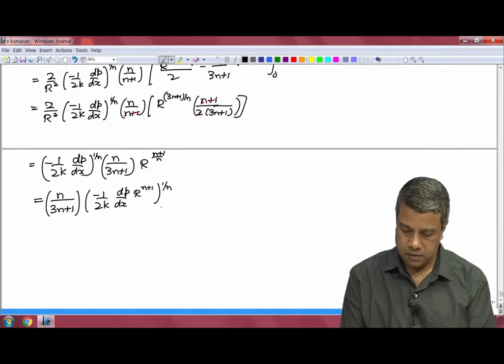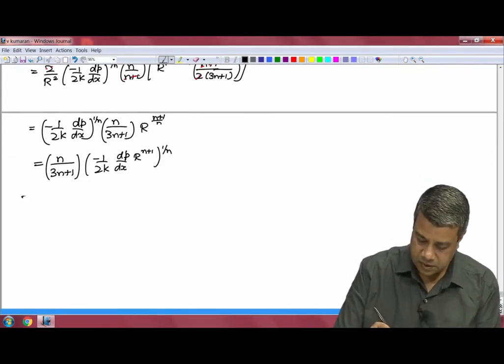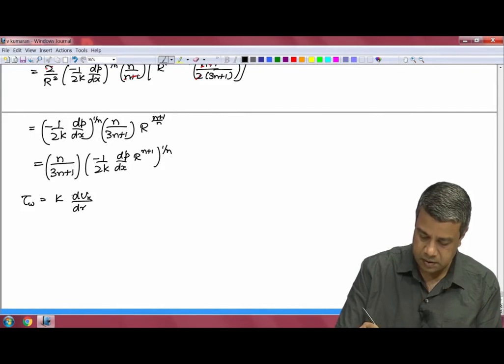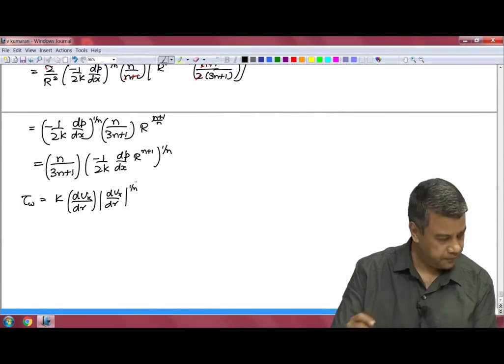What is the wall shear stress? Okay. The wall shear stress is equal to kappa into dVx by dr whole power 1 over n.